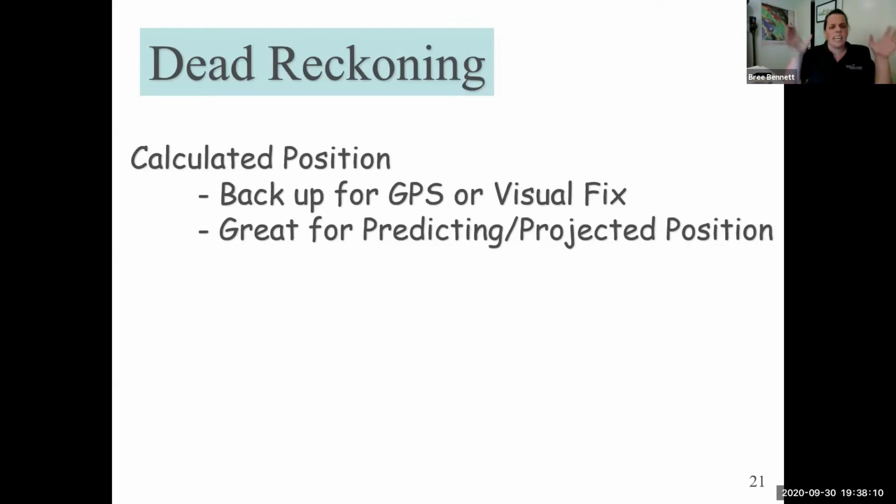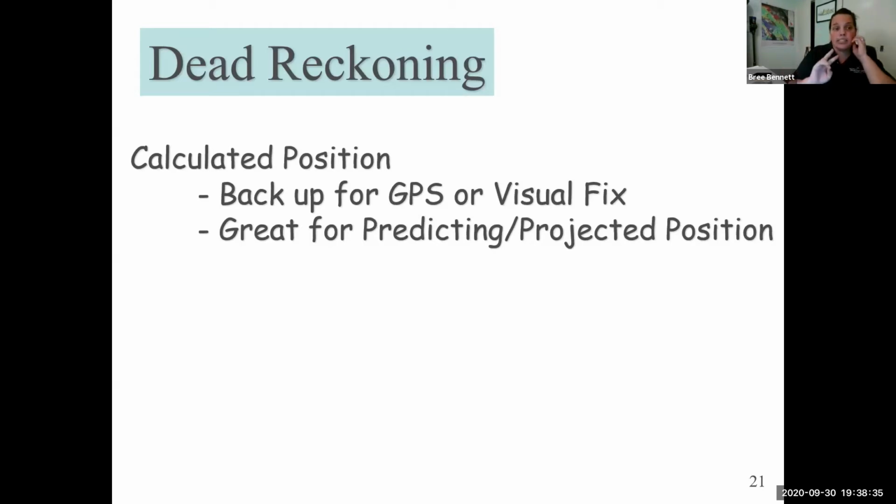So that puts you in that ideal world where nothing else is affected. The only things we are putting into it are our vector of the direction we think we're going, our speed and time. So our distance, speed, time, and direction get calculated into a position, and that's what we call our DR position.